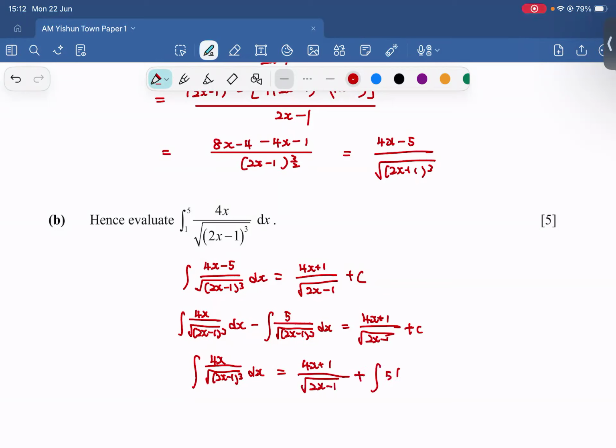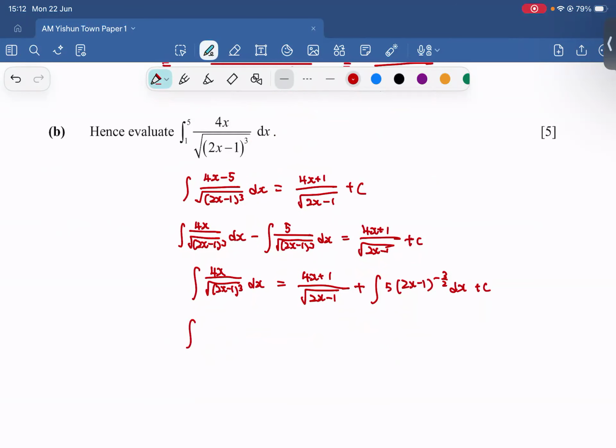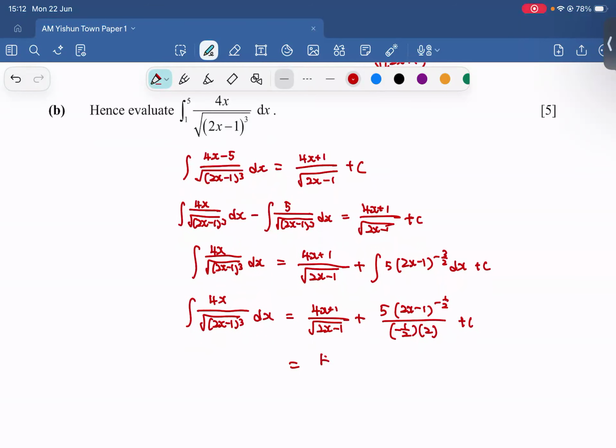This is actually 5 to the power of (2x minus 1) to the power of negative 3 over 2. So when we integrate this, power increase by 1, divide by the new power, divide by the differentiation of the inside. Okay, and this will give me this.